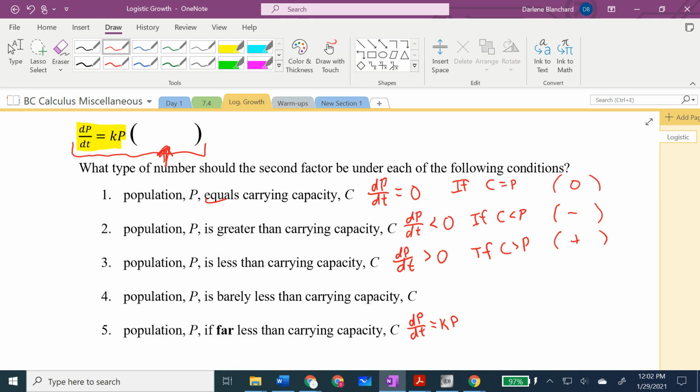But if your population is under carrying capacity, but almost at carrying capacity, your dP/dt is positive, but it's close to zero. It's a little bit bigger than zero, but not much. So under the situation of barely less than, I want my factor to be near zero, but still positive.